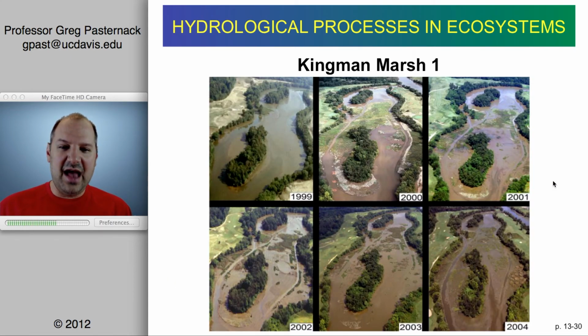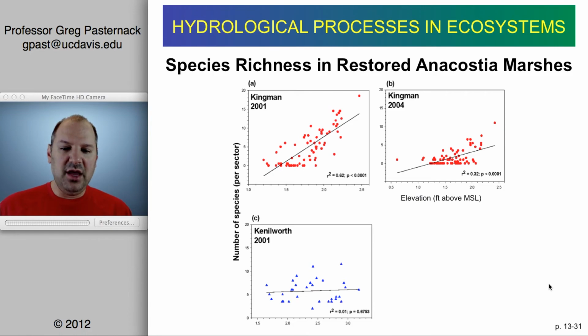And here's a photo through time of Kingman Marsh. As it has changed through time, you can see that it hasn't necessarily trended to fill in a whole lot so much as it's just changing where species are occurring. Here's an example of the data that has been collected. The x-axis is elevation in all these plots, and the y-axis is number of species.